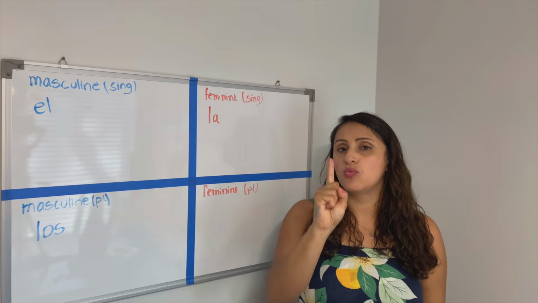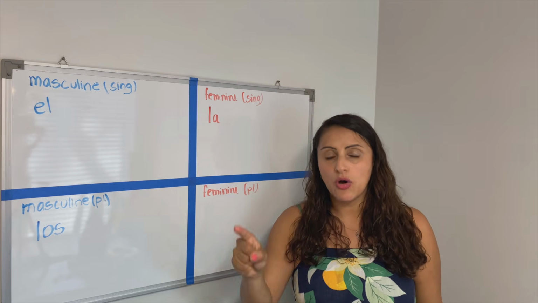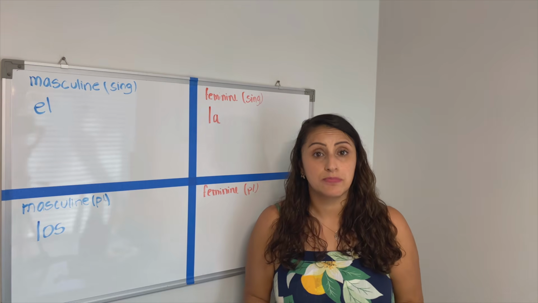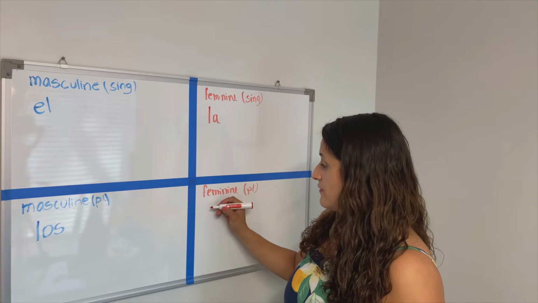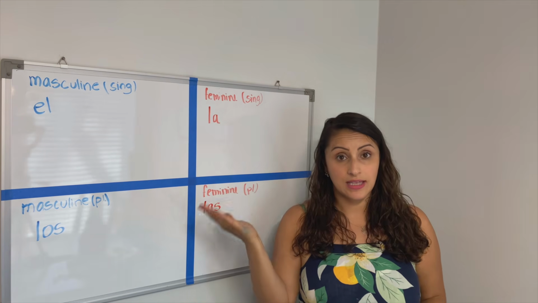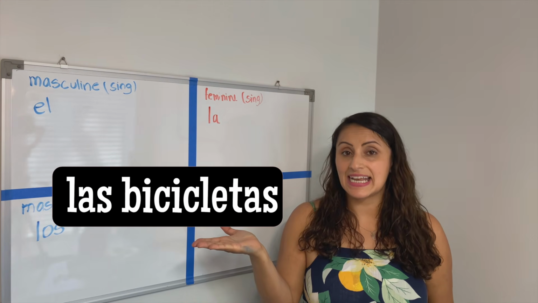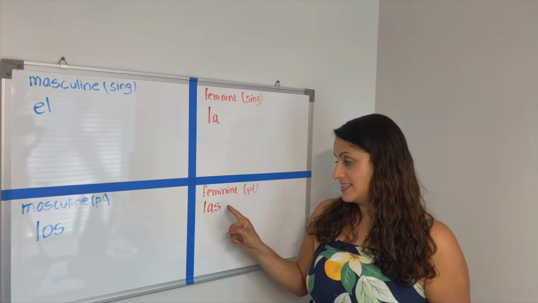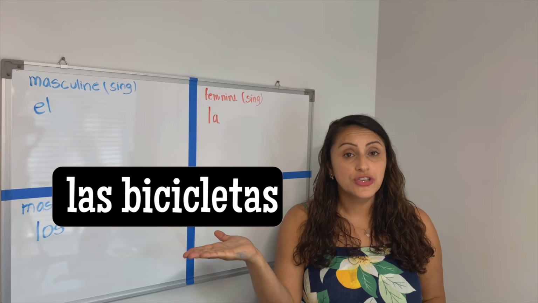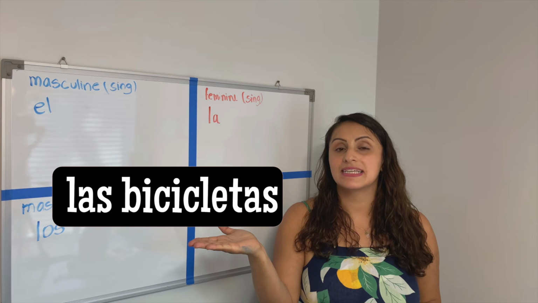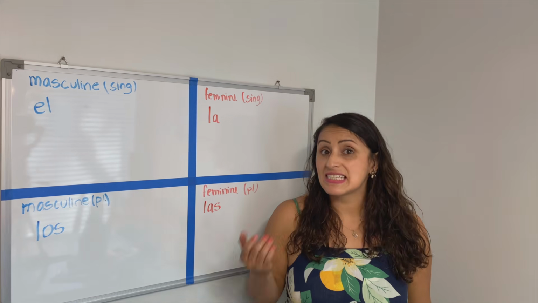So if we're talking about bikes, that's plural, so we have to make sure our definite article is plural as well. So then it would be las bicicletas. And again, notice how the S is in the definite article and also at the end of bicicletas. Las bicicletas.